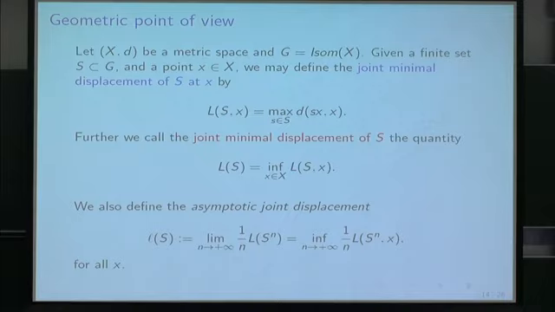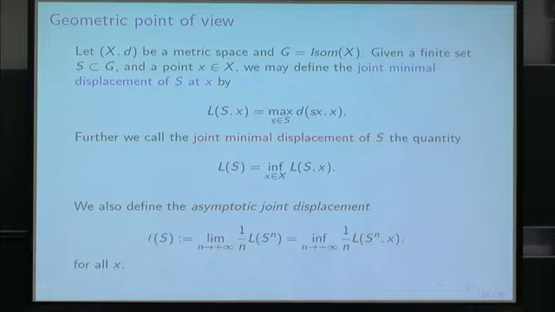You can also define an asymptotic version, a bit like in the definition of the joint spectral radius. You take S to the n, look at the joint minimal displacement, and normalize by n. The limit always exists, because this is a subadditive function of n, and it is equal to the infimum. It's valid for all x.